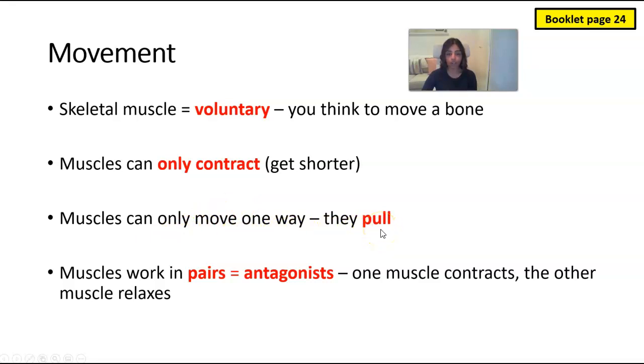And muscles work in pairs that do opposite actions, which means they are antagonists. If someone's antagonistic, then they're saying the opposite of what you want to say. You must have heard that phrase before. So in this case, muscles that work in pairs are always antagonistic to each other. That is to say, when one muscle contracts, the other muscle must relax.